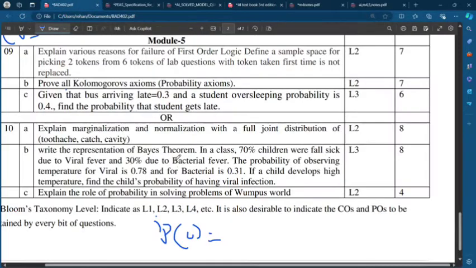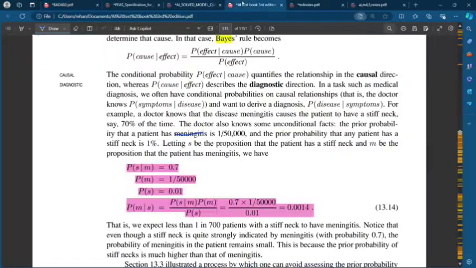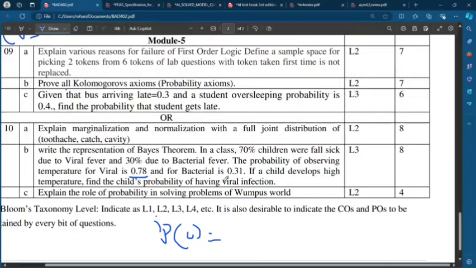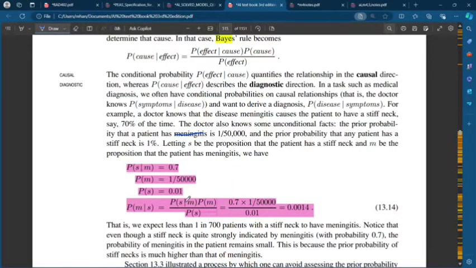So instead of P of M, P of S, what do we have? P of M, P of viral fever, is 0.78. In this case, we have P of M is equal to 1 by this. Then P of S is 0.37. Instead of 0.01, we have that.